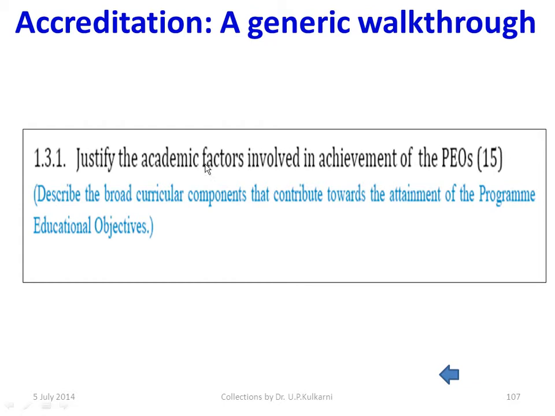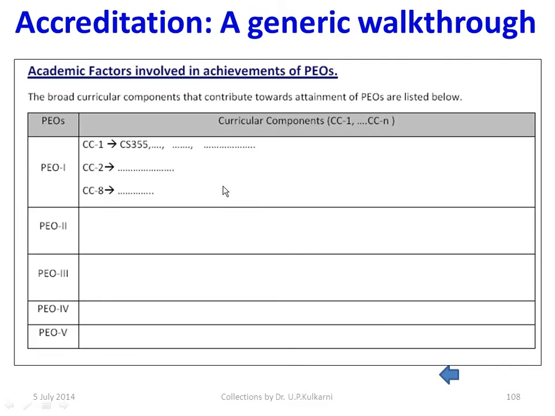First, here it is important to define academic factor. See, here is one snapshot. You may follow this or you may follow the one you think is best. I call the different curricular components CC1, CC2, CC3, etc. Under each component, we will see what the components are.